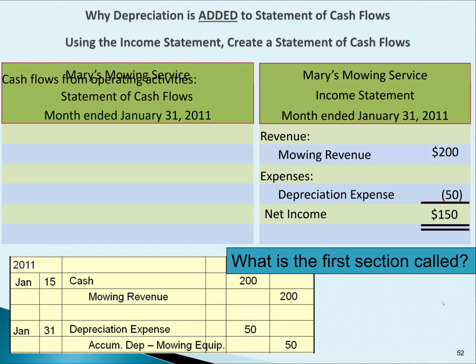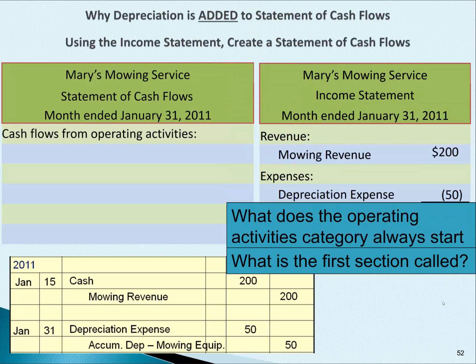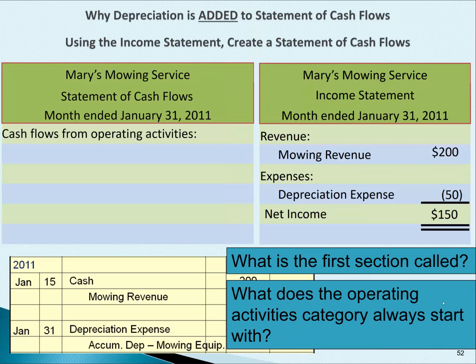Cash flow from operating activities. And what does the operating activities category always start with? Net income. So we're going to take net income from the income statement and plop it over here on the statement of cash flows.